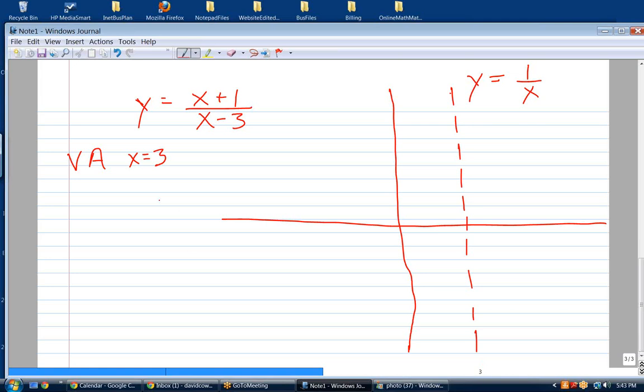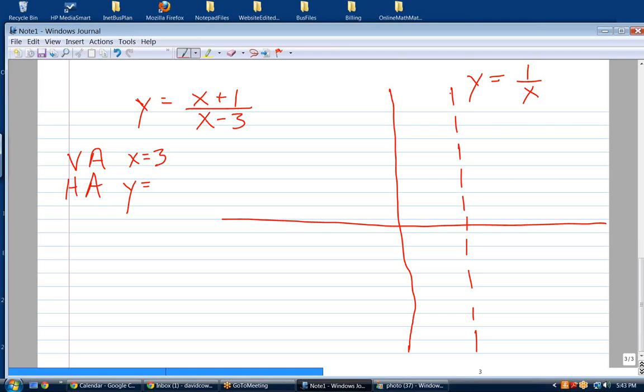What is the horizontal asymptote? Y equals 1. It's the ratio of these coefficients. In other words, if the power of x is the same in the numerator as it is in the denominator, then the horizontal asymptote is the ratio of those coefficients.